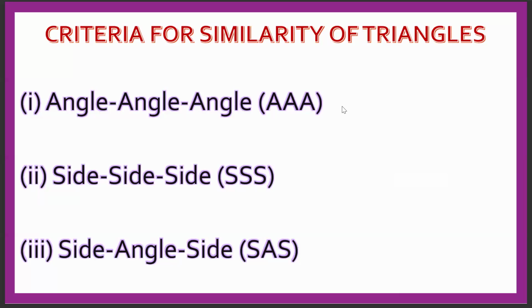Like in the previous slide, angle A is equal to angle D, angle B is equal to angle E, angle C is equal to angle F. Any one of them is enough, not all are necessary. If the corresponding angles are equal, then the triangles will be similar.